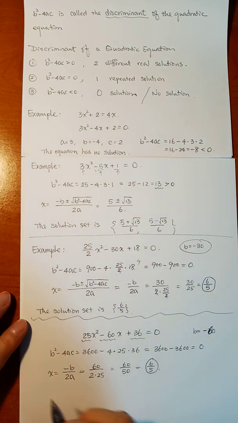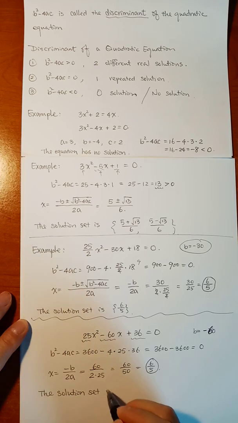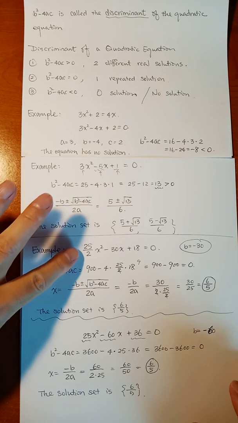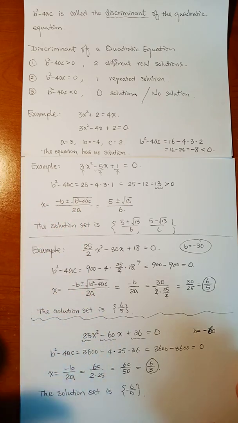See? Exactly the same thing. So it does not matter if you transform a rational number into integers. You're supposed to get the same answer.